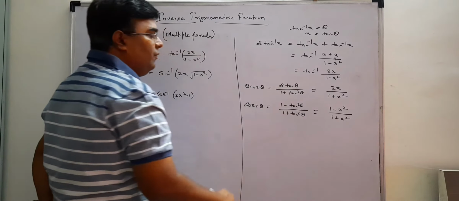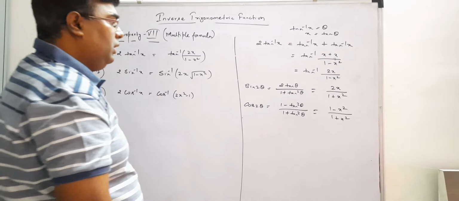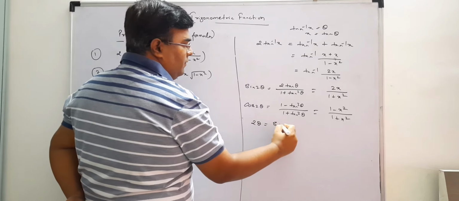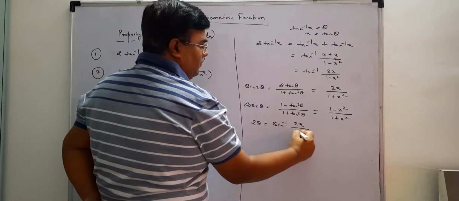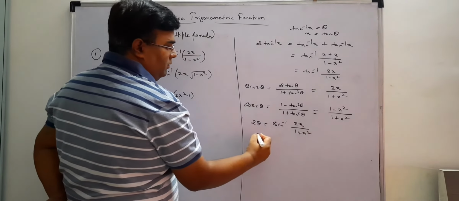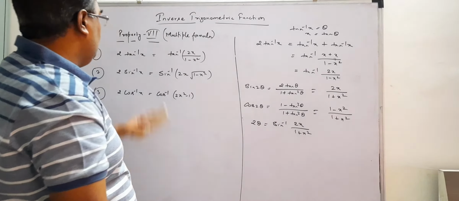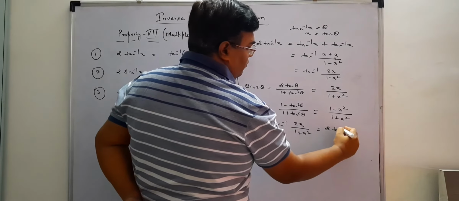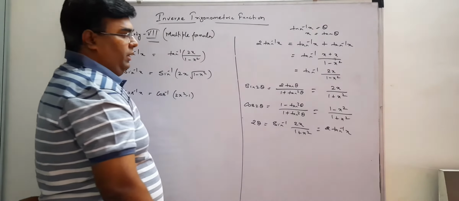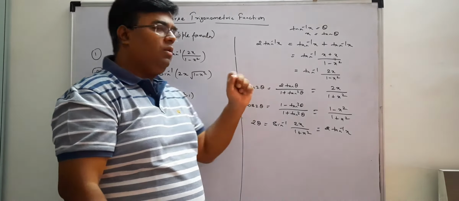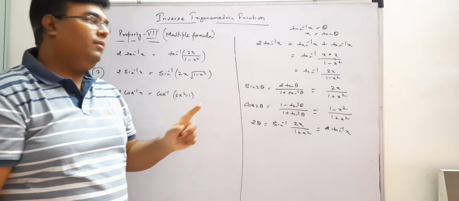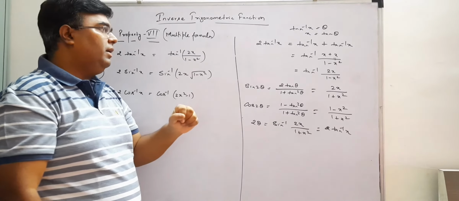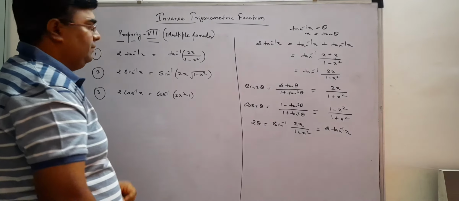So we get the value of sine 2 theta and cos 2 theta, and then 2 theta is sine inverse, and 2 theta is 2 tan inverse x. Right, so either you can use this formula or the method that I have told you earlier, the triangle method, to find the side and then get the value of the other ones.